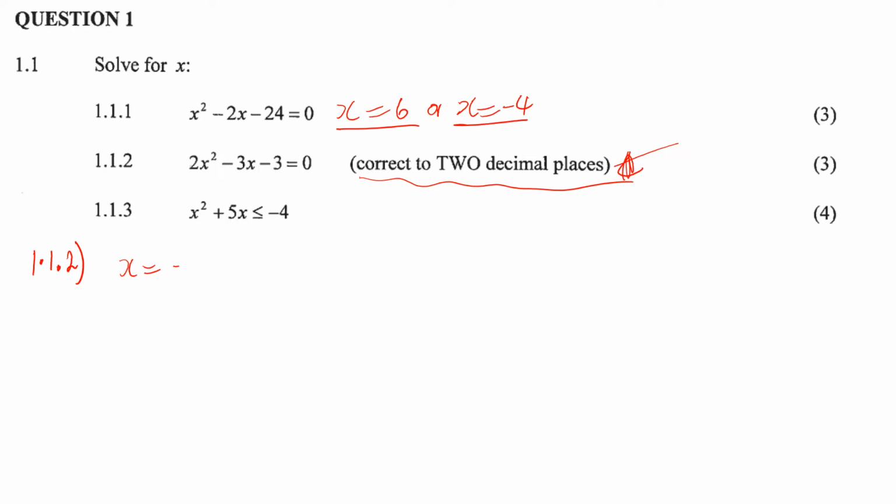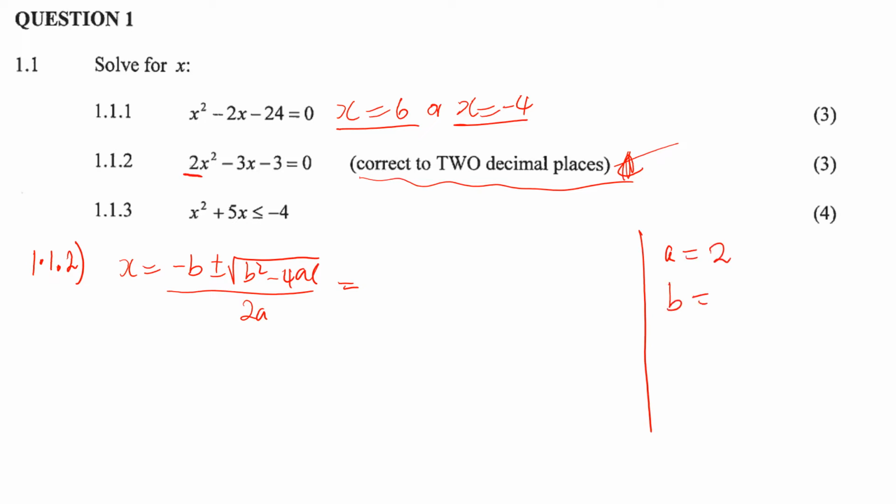So x will be minus b plus or minus the root of b squared minus 4ac, over 2a. We can write our data: a is the coefficient of x squared, which is 2, b is the coefficient of x, which is minus 3, and c is our constant, which is also minus 3.